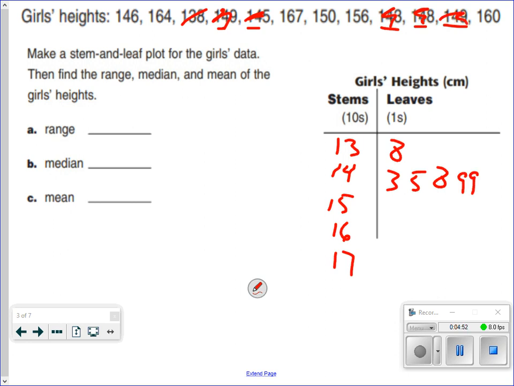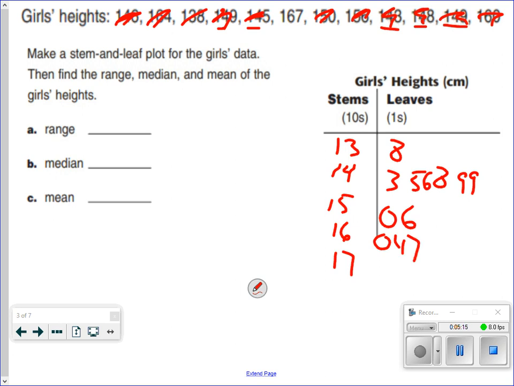See how much faster we're getting at this? We forgot this 146, so I can squeeze that in there as neatly as possible. Any 150s? We have a 150 here, a 156 here, a 160, a 164, and a 167.